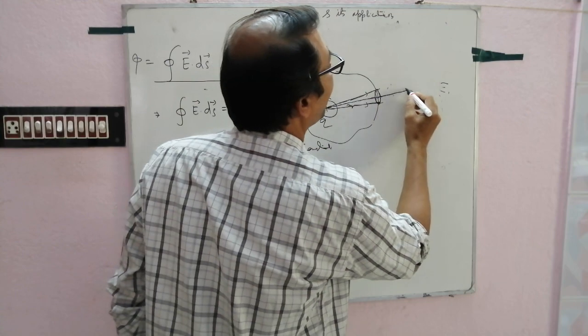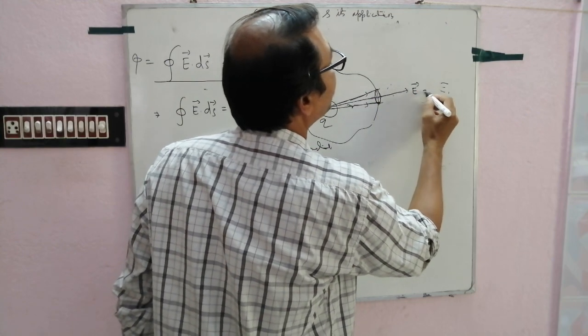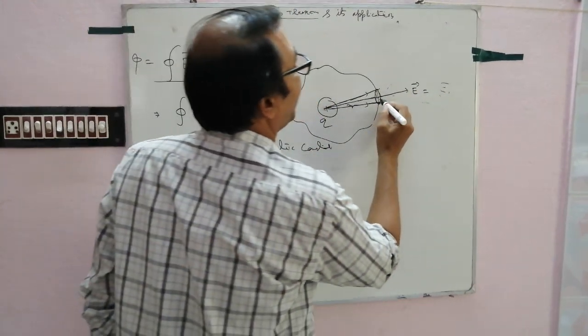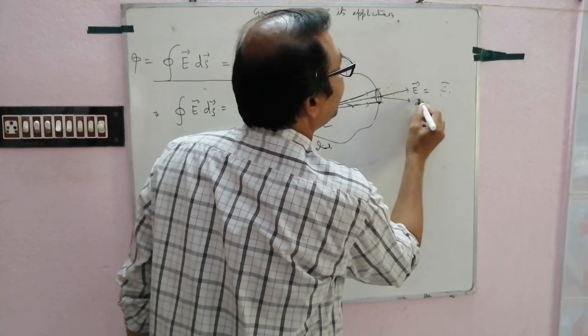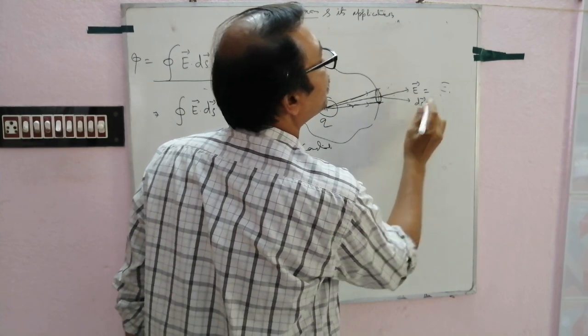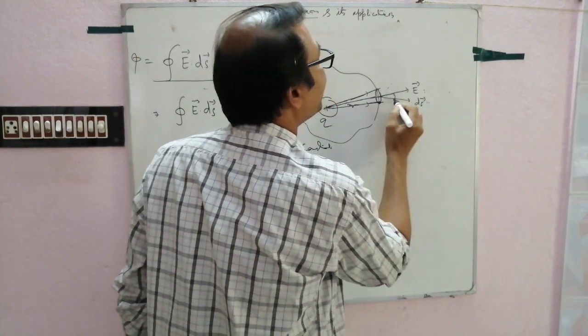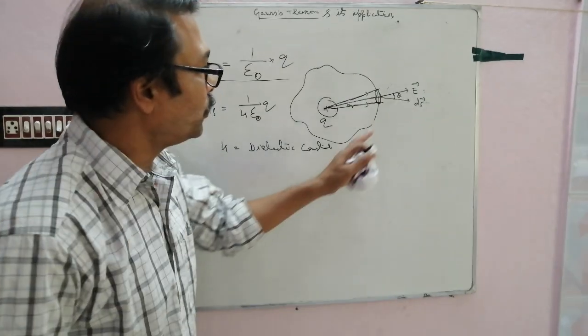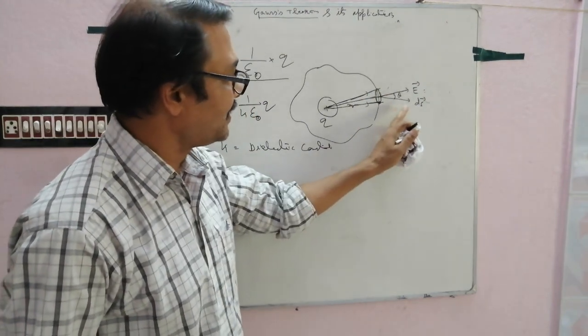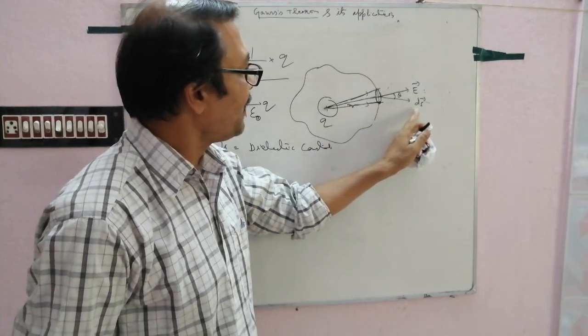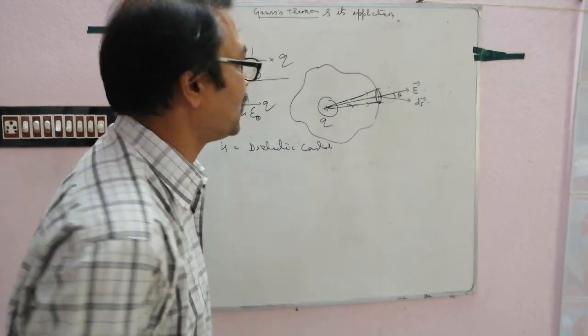This is the direction of electric field E and the normal of the surface is in this direction ds. This angle is theta. Suppose ds is the outward normal of this surface, that is the direction of the area vector, and E is the direction of the electric field.